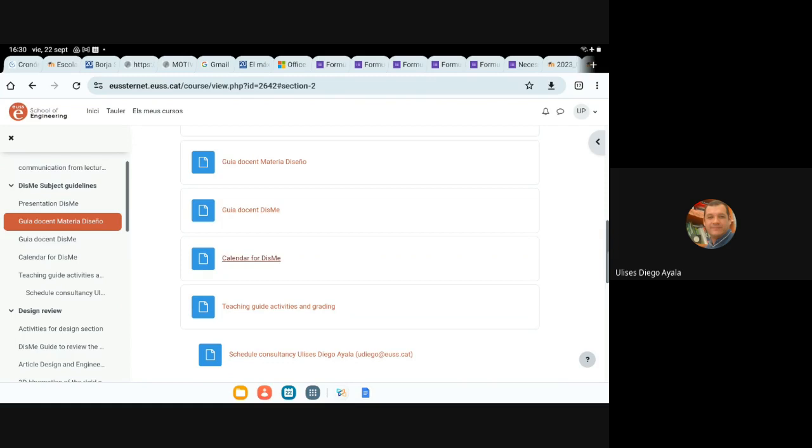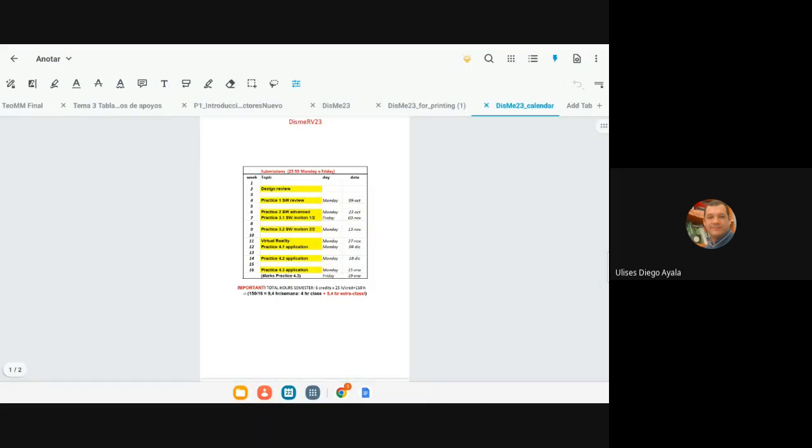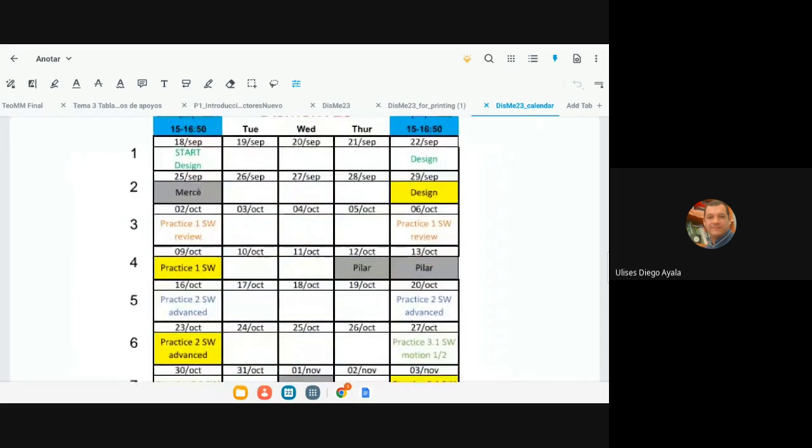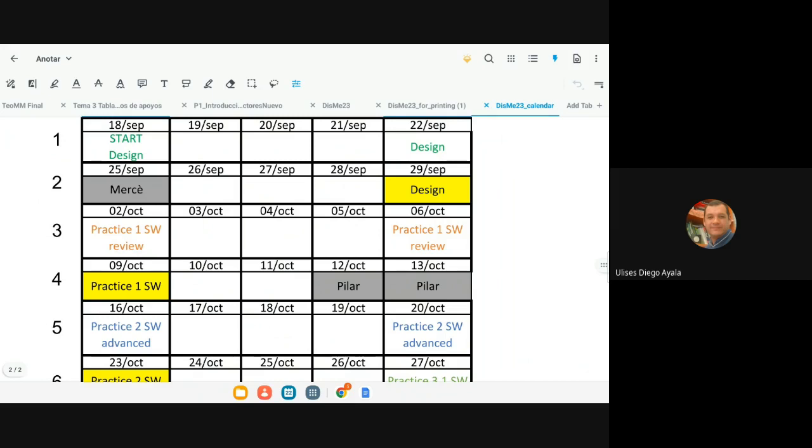Let's go to the calendar. For the design, I will define the values, the angle, and the results for you to go through. In the next class, it's just to verify if everything is okay. It should have been done by the next class.